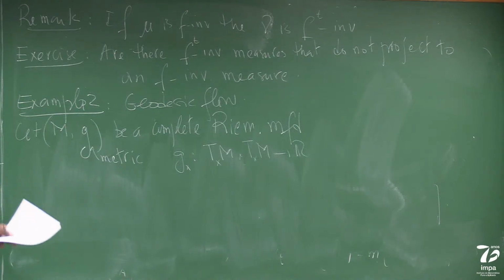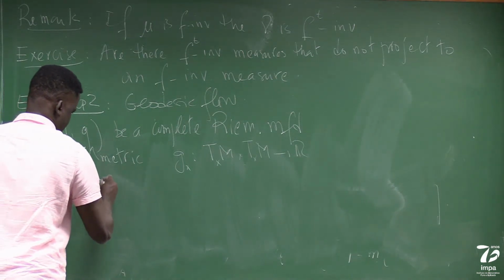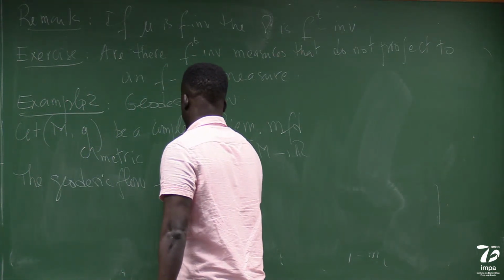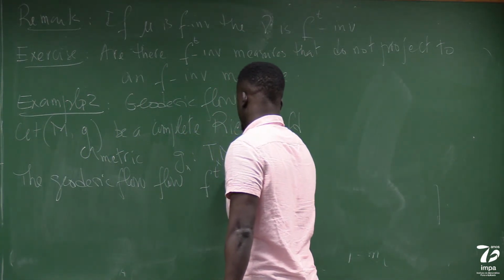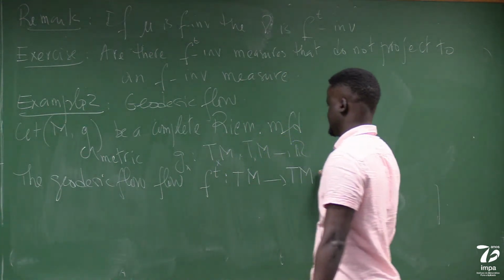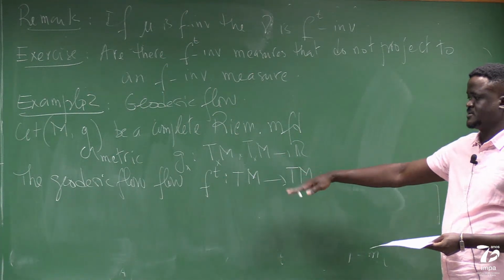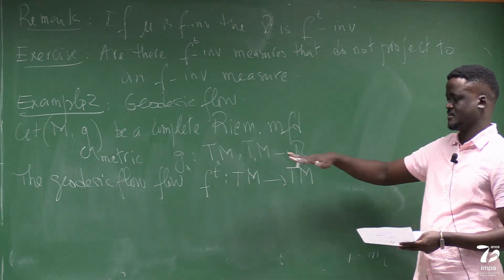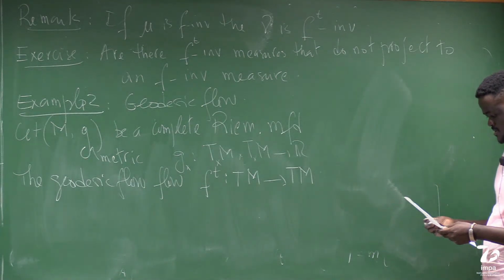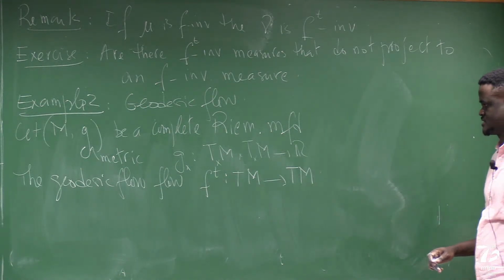So the geodesic flow F_t is a flow that is acting on the tangent bundle. You can take the definition where you restrict just to the unit tangent bundle, at the energy level being 1, okay? So this is how this flow is defined.